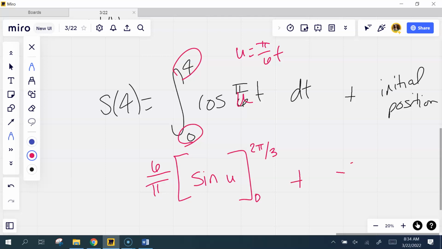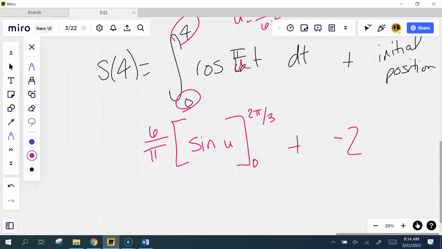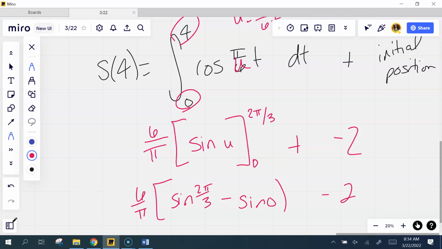Then sine of 2 pi over 3 minus sine of 0, and I still need to add in that initial position, minus 2.